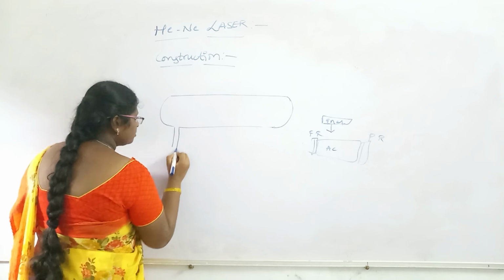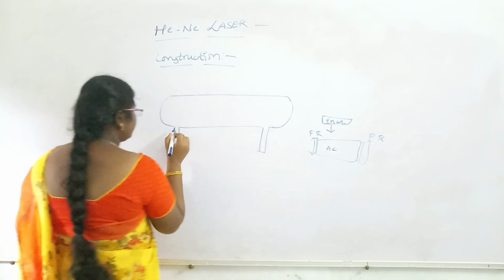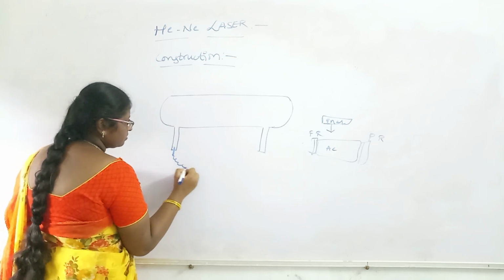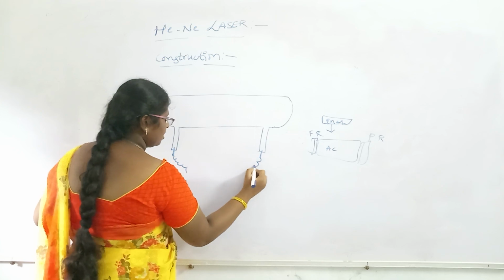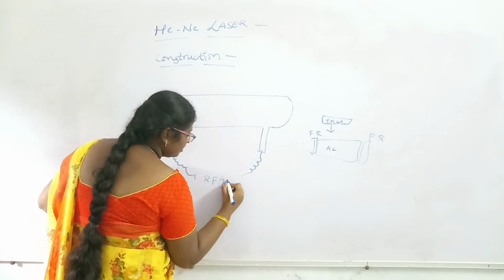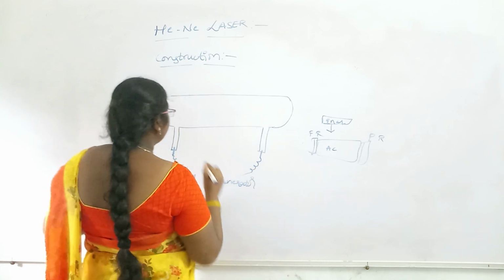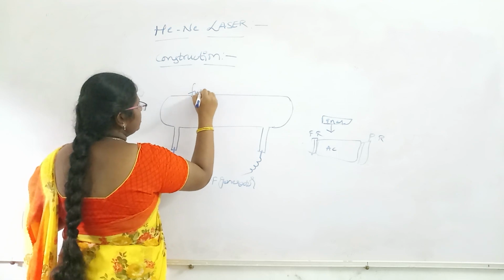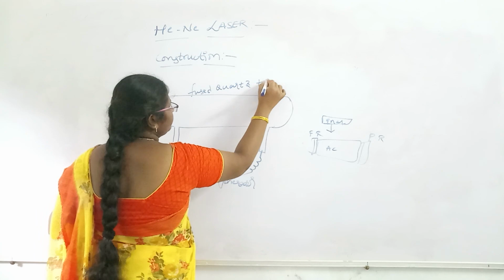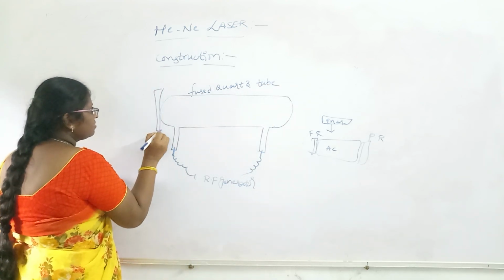We have two electrodes, and these two electrodes are connected to an RF generator, a radio frequency generator. This is the fused quartz tube.